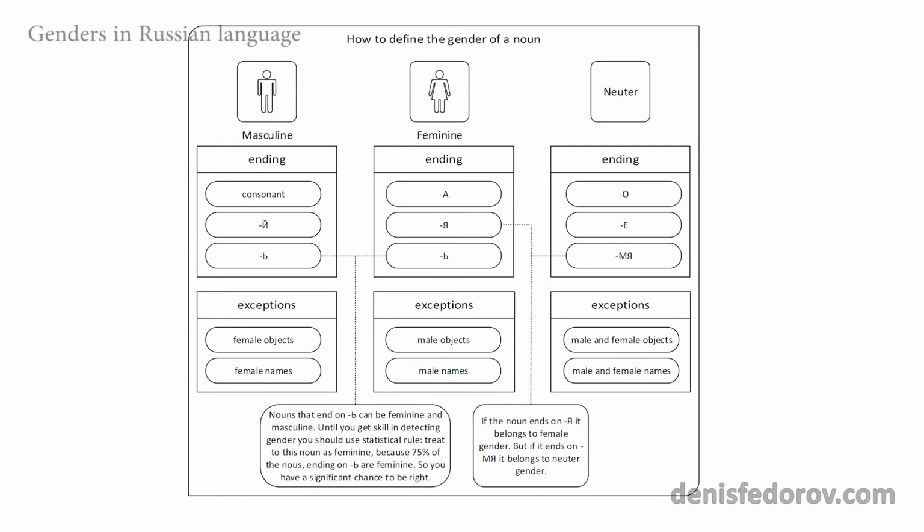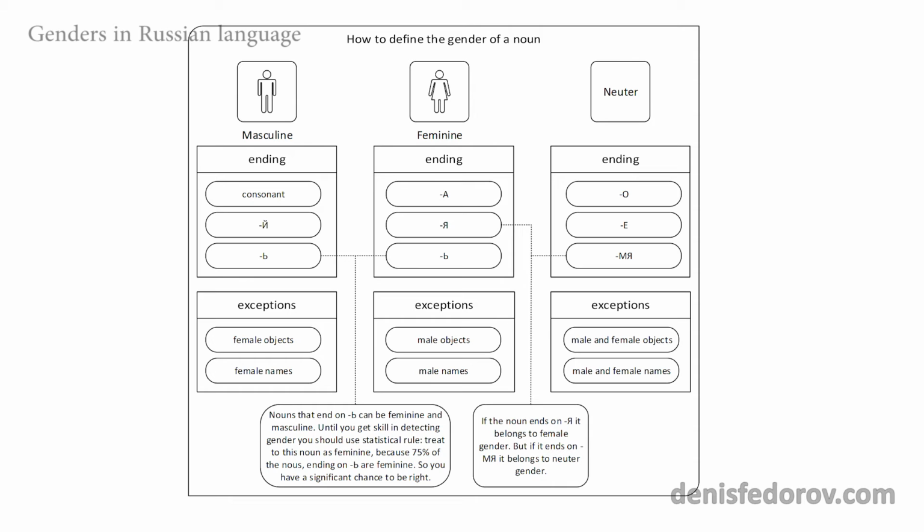Next, let's talk about these two specifications to the rule. The first one says, nouns that end on soft sign can be feminine and masculine. Until you get skill in detecting gender, you should use statistical rule. Treat this noun as feminine, because 75% of the nouns ending on soft sign are feminine, so you have a significant chance to be right.